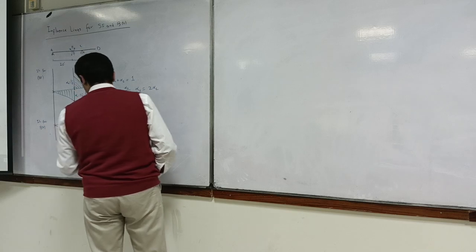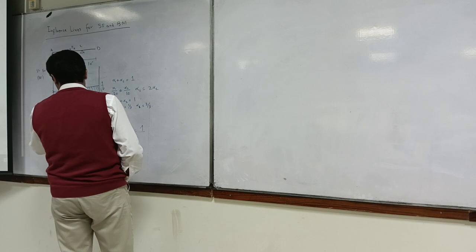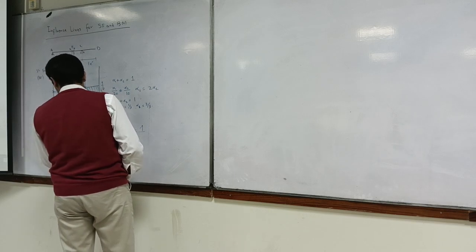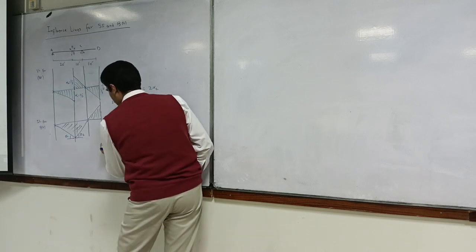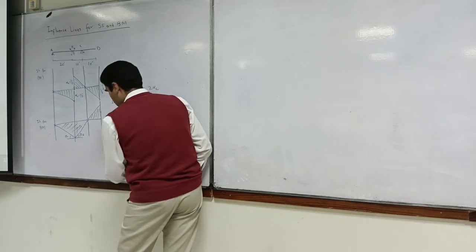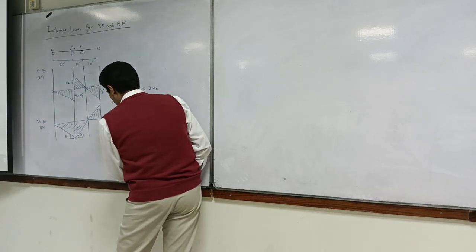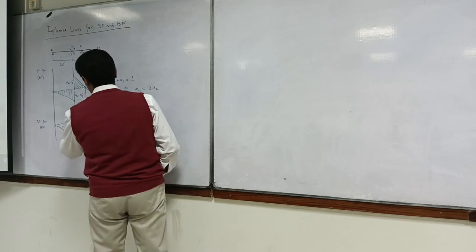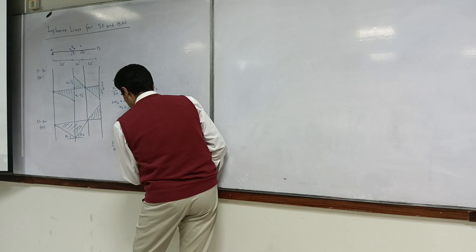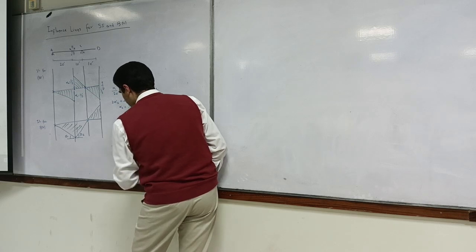Let this be h, so h by 20. Theta 1 is h by 20 plus h by 10, must be equal to 1.